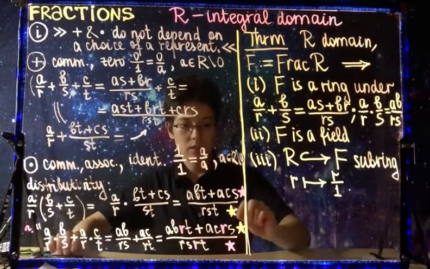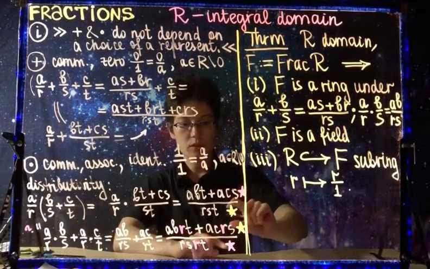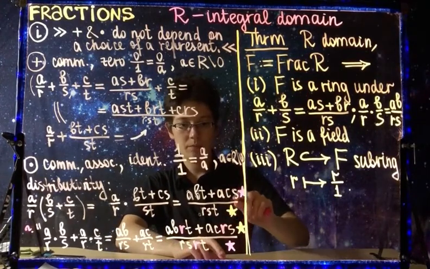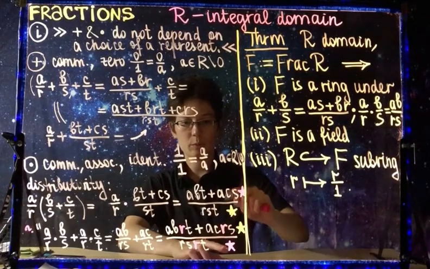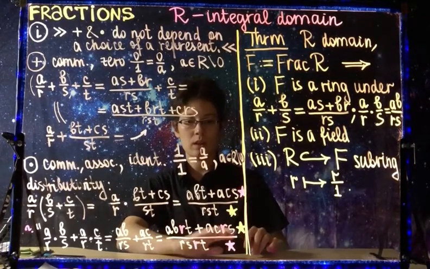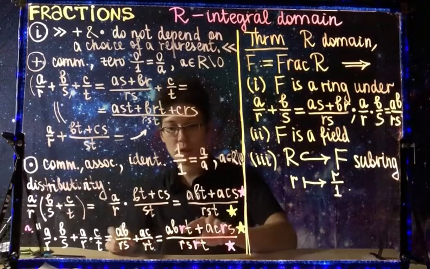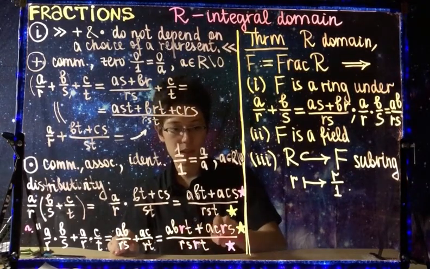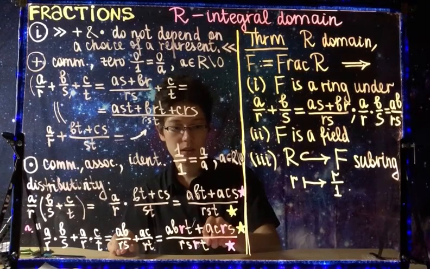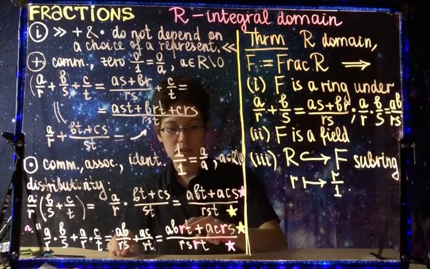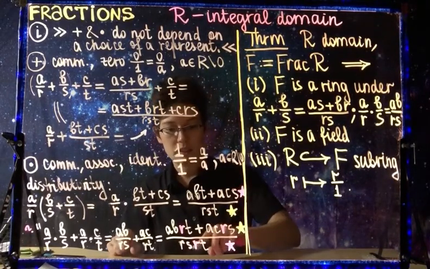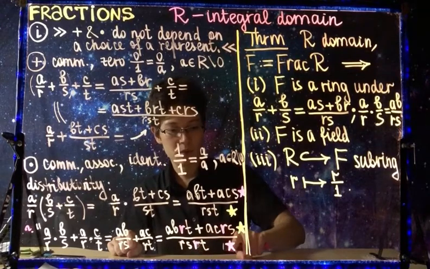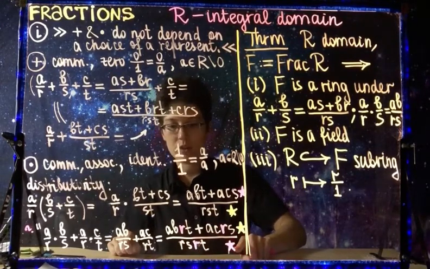So you can see that by doing this crisscross product we would get equal quantities, because we have ABT plus ACS times R, and so we get an extra R for the yellow star, and here we get an extra R for the pink star too.